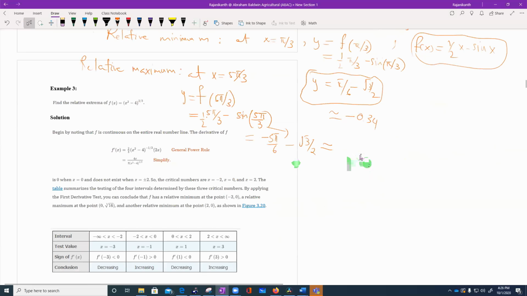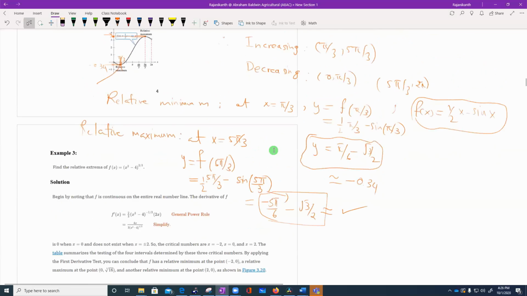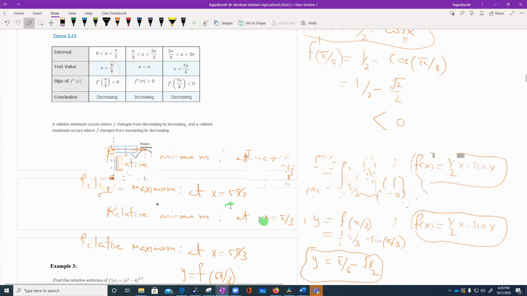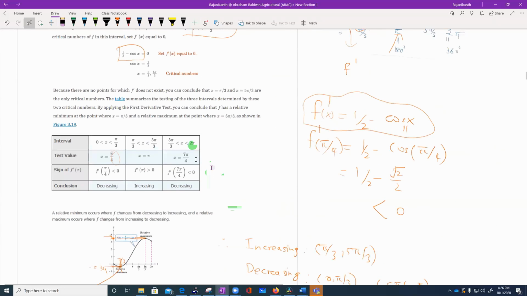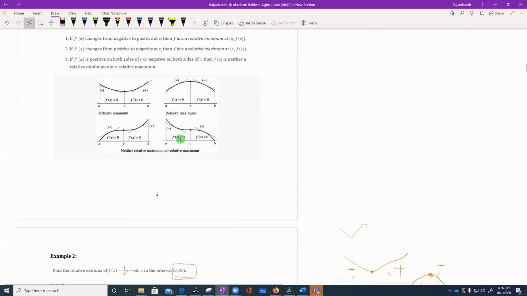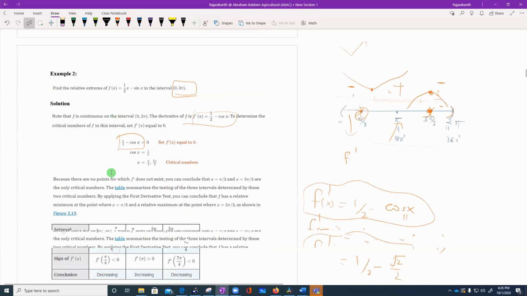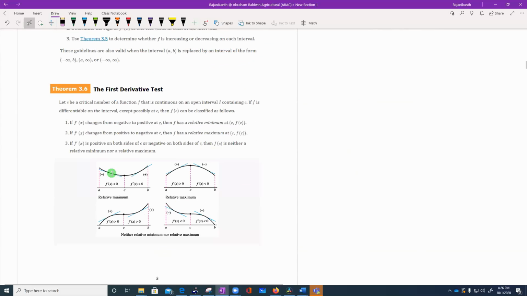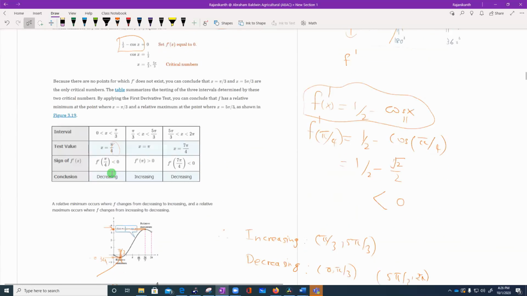So figure out that value. This is going to be your relative maximum answer, and this is your relative minimum. That is very understandable, so follow those guides to find the maximum and minimum.